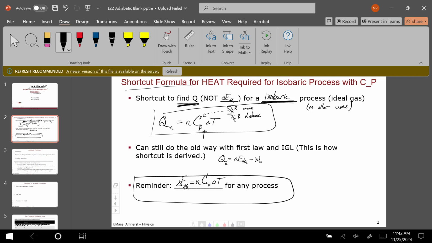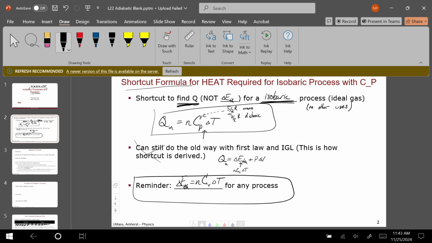Okay, now I have an ideal gas, or sorry, first I have an isobaric compression, so work is negative P delta V. Okay, delta E thermal for an ideal gas is NCV delta T. And now the tricky step, again, you do not need to know this.